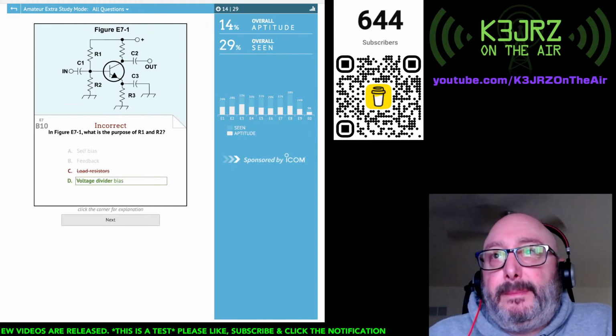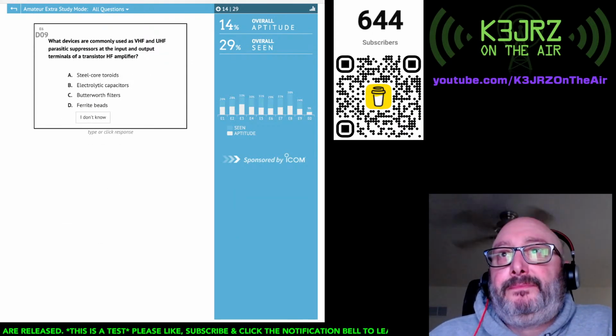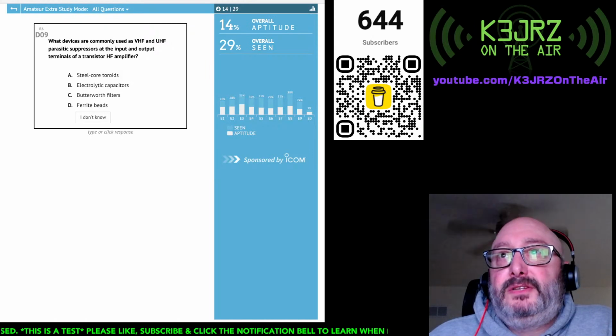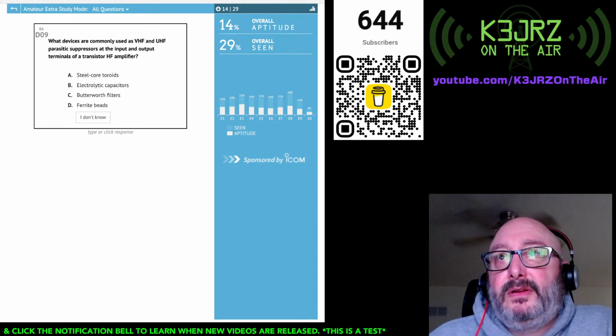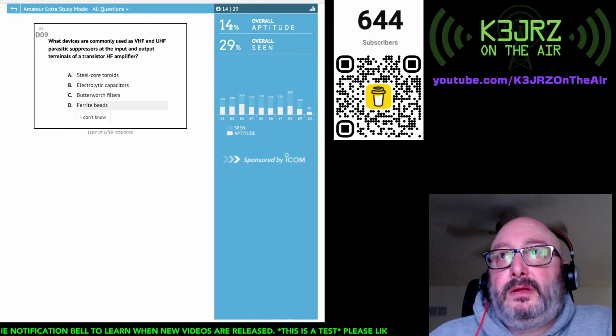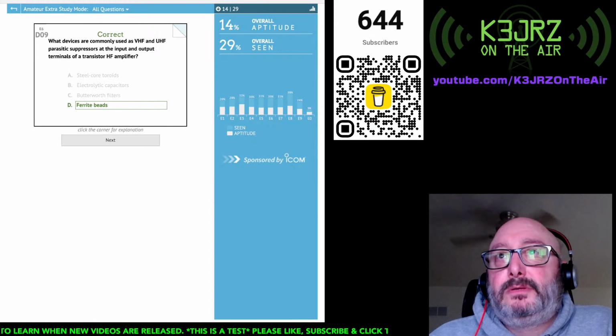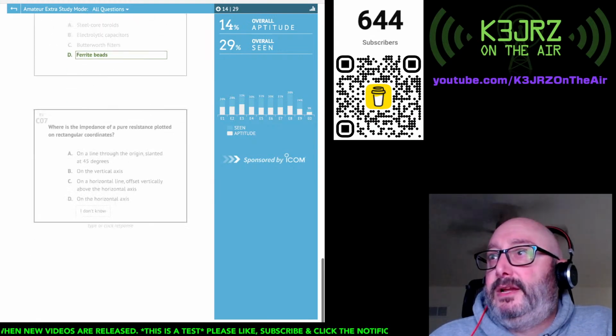Voltage divider biases. What devices are currently used as VHF and UHF parasitic suppressors at the input and output terminals of a transistor HF amplifier? Ferrite beads. Never seen that one before, but I know it.